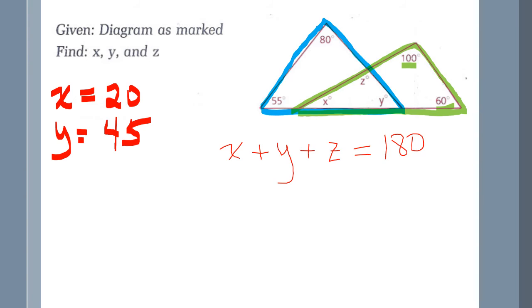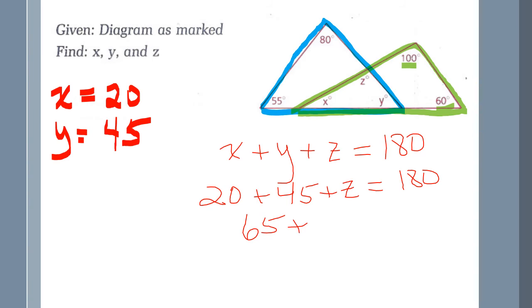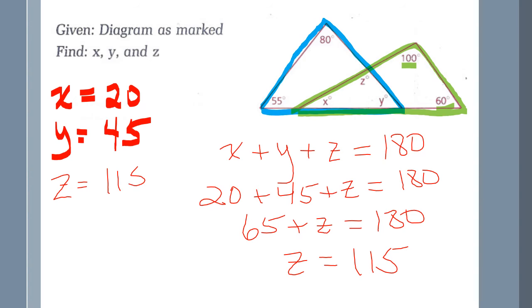I can take out x and put 20 and y and put 45, plus z equals 180. Basic algebra. 65 plus z equals 180. Therefore, z is equal to 115. There we go. Find x, y, and z.